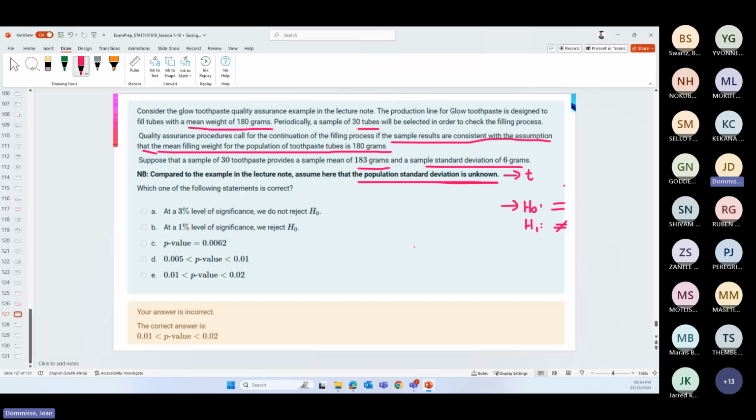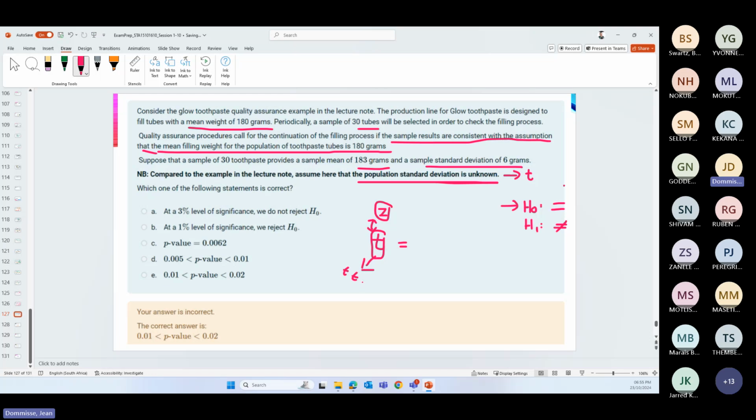Then we can work out the T, and how we work out the T in hypothesis testing is similar to how we work out the Z. The only difference comes in when we then need to test it, we will need to use the T table.